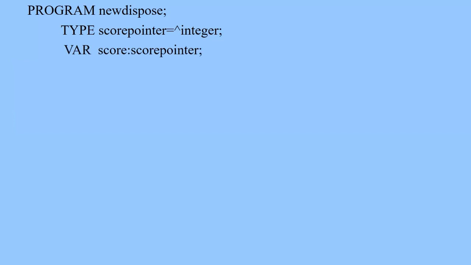So our program is called new dispose. Then we declare a pointer. Our pointer is score pointer. So type score pointer, which points to integer. Then we have a variable called score of type score pointer. We begin.